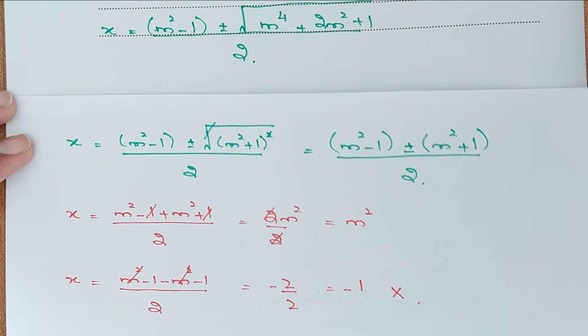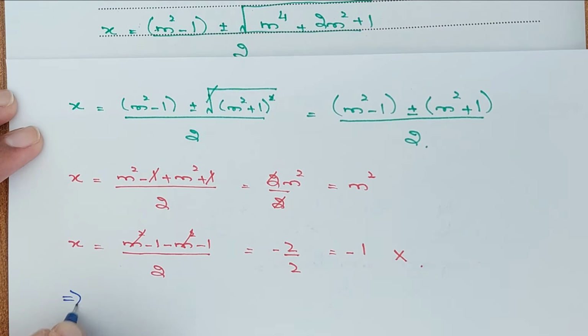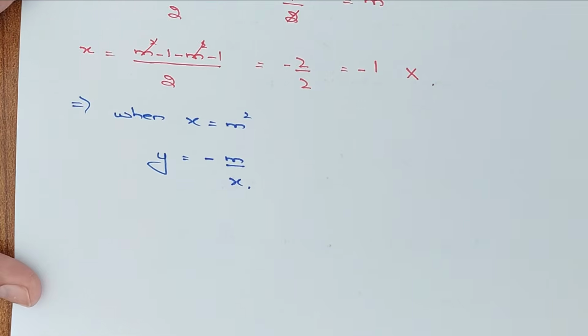Let me find the y coordinate now, right? So when x equals m squared, what is y? So y equals minus m over x. This is the equation of the curve, right?